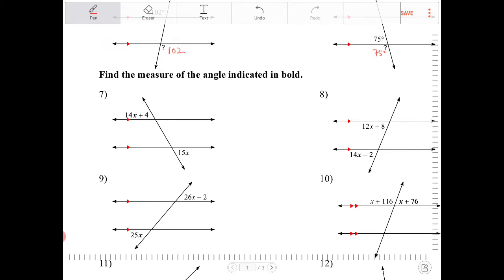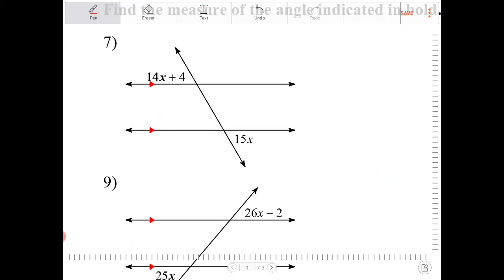Next, we need to find the measure of the angle indicated in bold. So, this is the angle in bold. I know that this angle over here and this angle over here are alternate exterior angles, so therefore I can say 14x plus 4 will equal 5x.